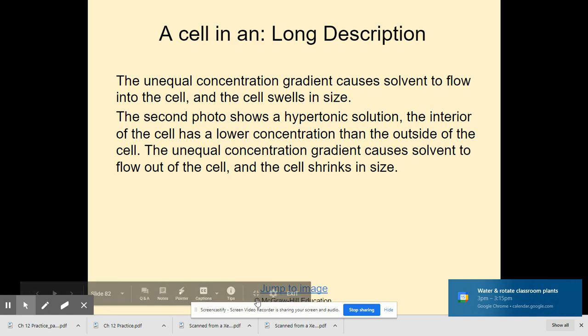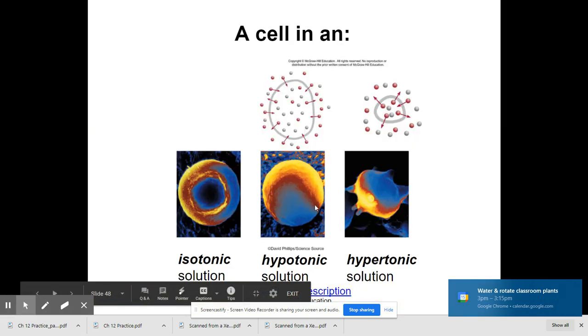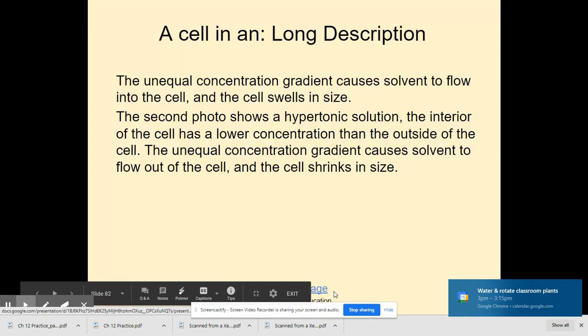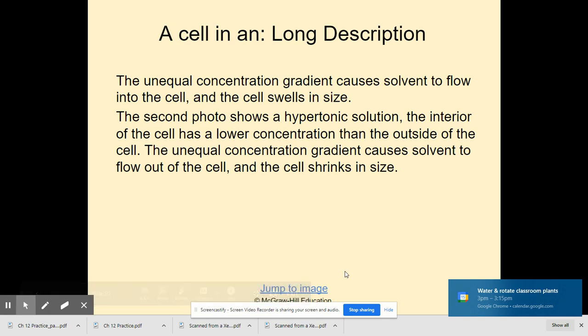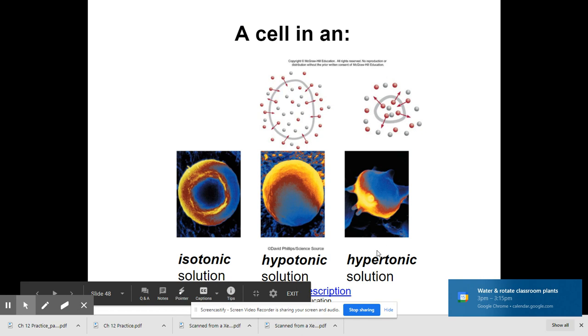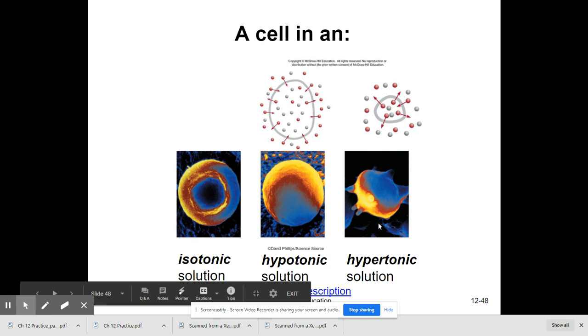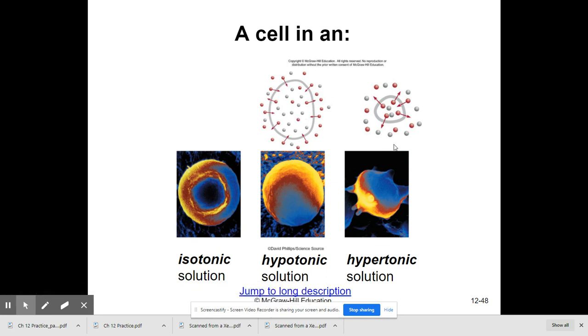The second picture, this one in the middle, that hypotonic, is showing that the inside of the cell is a lower concentration, which causes it to flow out of the cell, and then the cell shrinks in size. So isotonic is equal, hypotonic is low, hypertonic is high. So with hypotonic, it's flowing out.